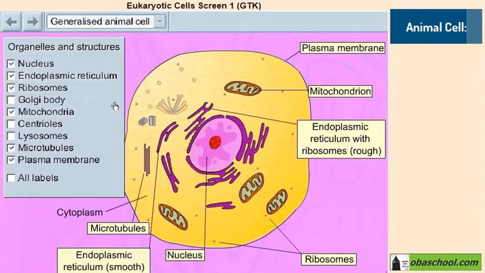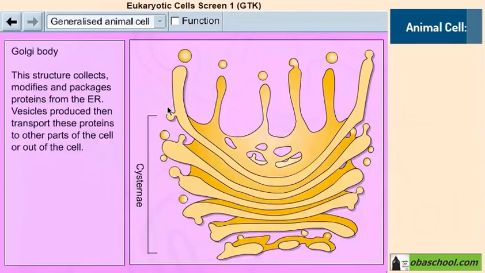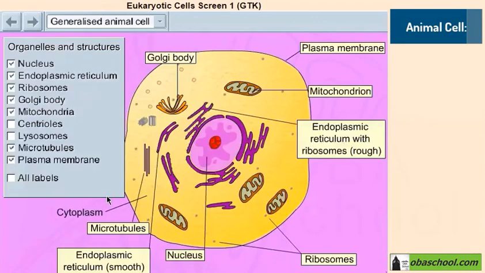Now, the Golgi body is usually a structure that collects, modifies, and packages proteins from the endoplasmic reticulum. The final two structures are the centrioles and the lysosomes.